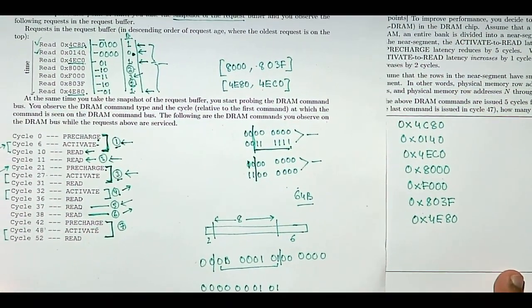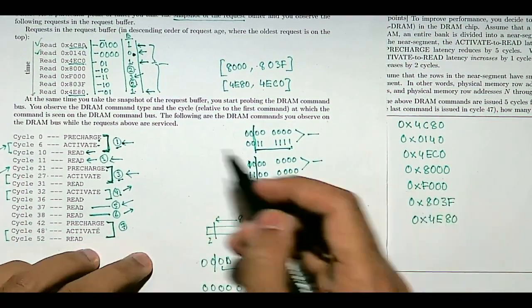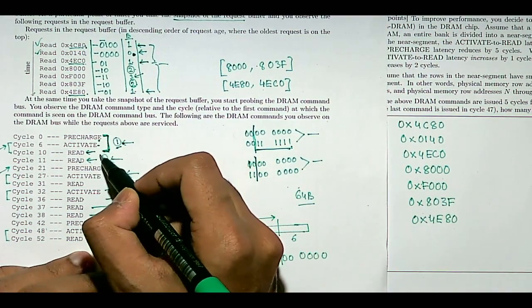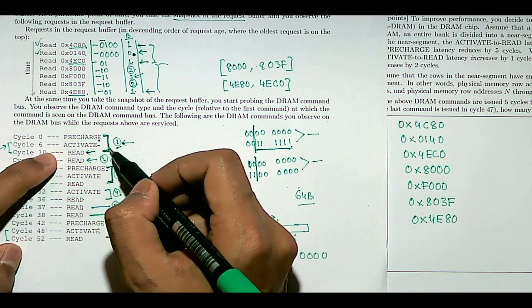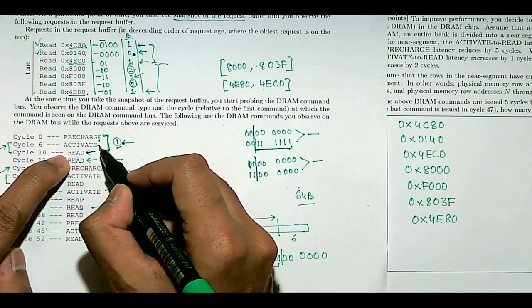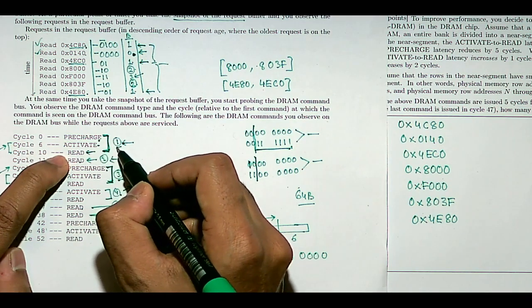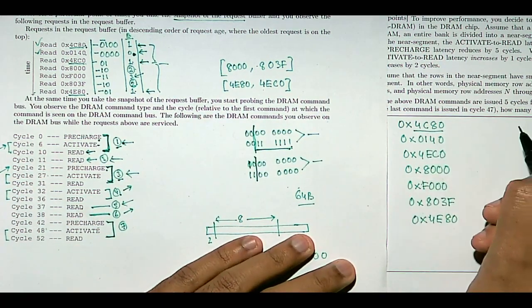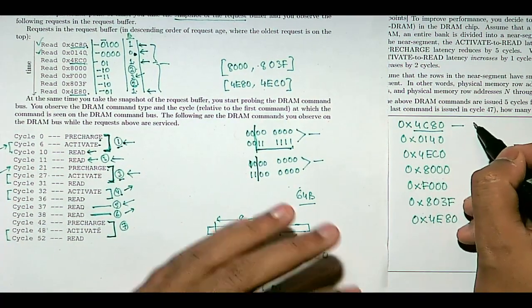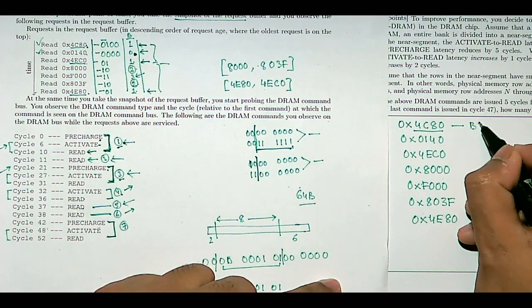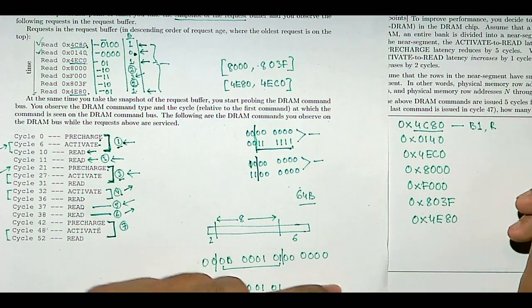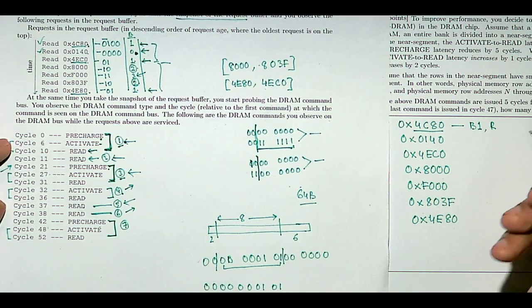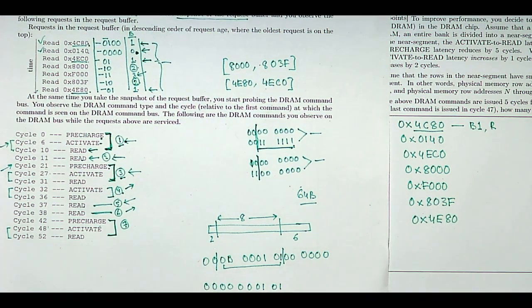So now let's say this is a pre-charge, activate and read command, right? Let's see which bank and which row this activate is happening to. This activate is definitely for this guy, right? So this is bank number 1 and row number, we need to calculate the row. I guess I have the row calculated somewhere.